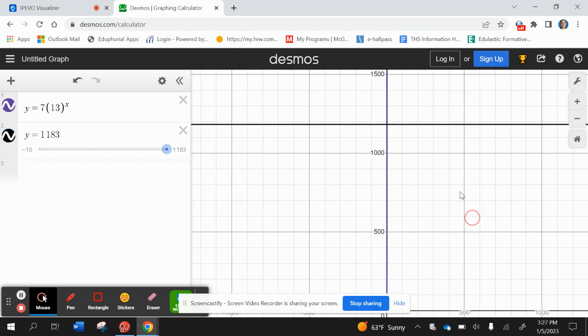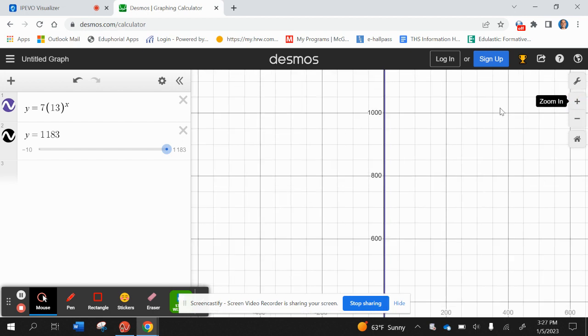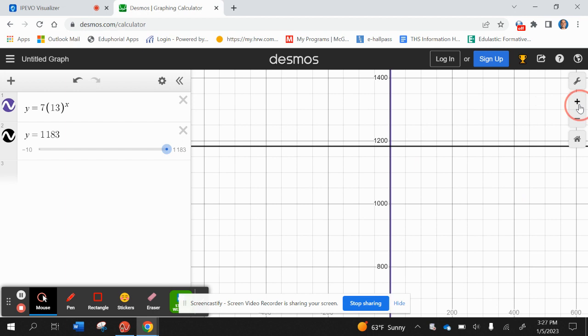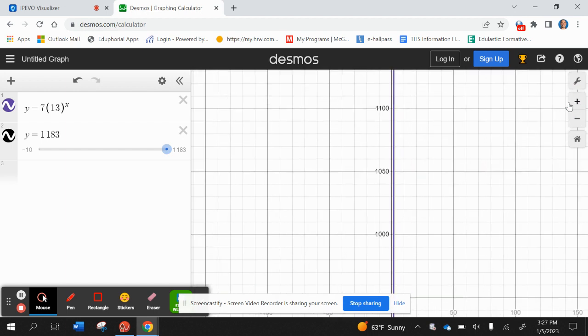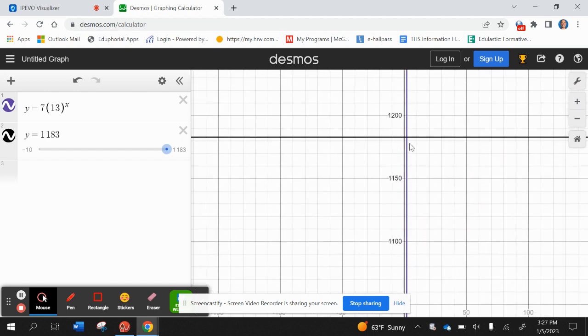And we need to kind of zoom in on that aspect. And so that's where you have to be careful. You don't want that. You want the actual point on the line because they're very close. This is the y-intercept, and that's the point of intersection.